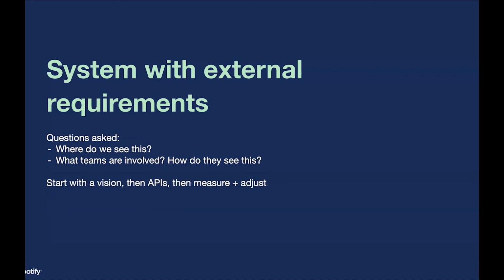So we brought them all together and said, where do we envision this feature in the future? Then we started with clean APIs to our systems, and already deployed them so that people can start developing from the other side. And we've measured and adjusted again, as always.